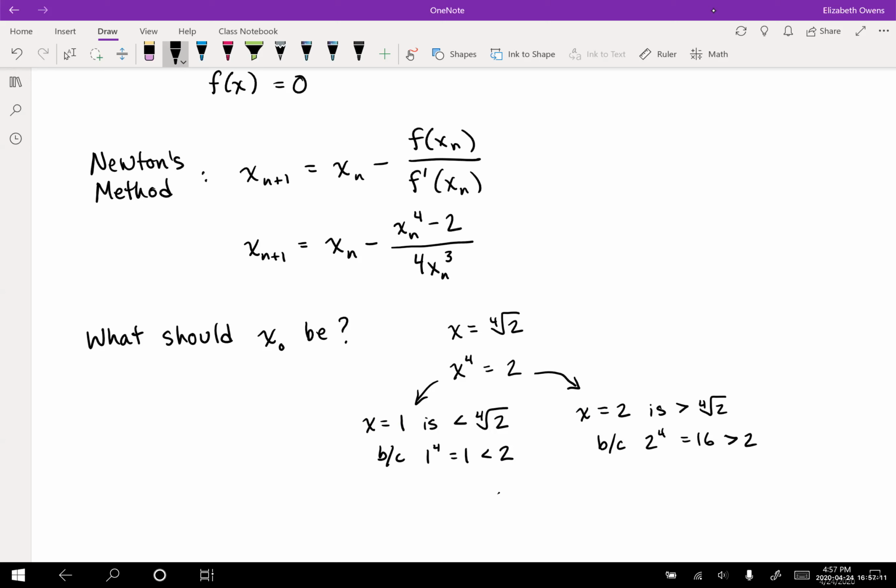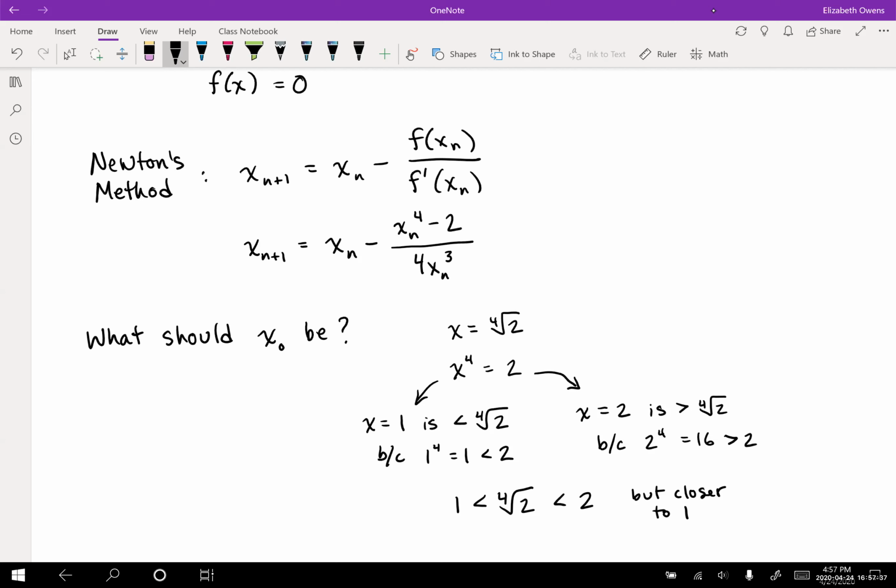So the fourth root of 2 will be between 1 and 2, but closer to 1. Okay. So that actually gives us a pretty reasonable ballpark of where our value's expected to be, somewhere between 1 and 2, but closer to 1.